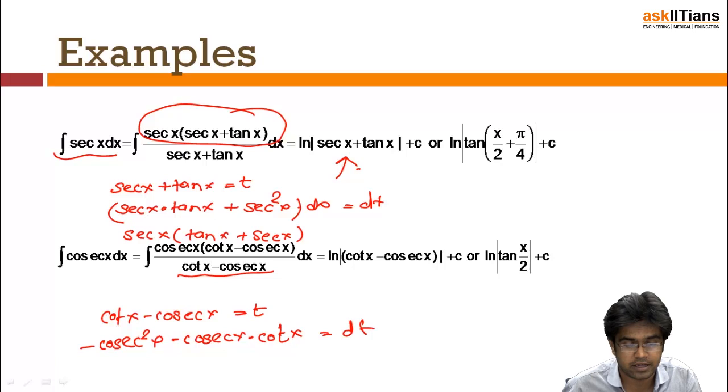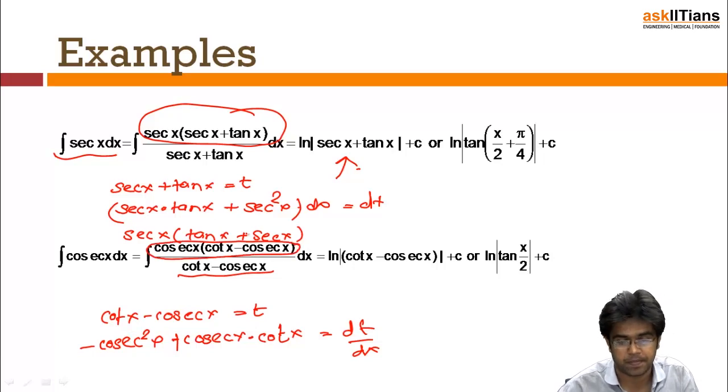This is equal to dt by dx. So you can see that d by dx of cosec x is minus, so this minus will become plus. If I take a minus sign common and cosec x common, you can see that the differential is available in the numerator. So this is how simplification and substitution work.